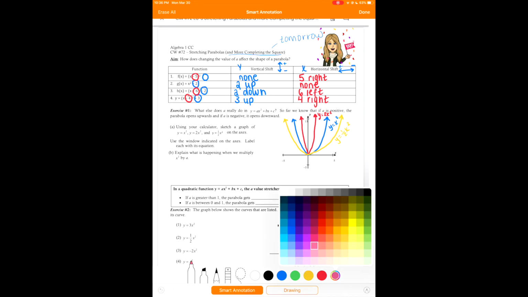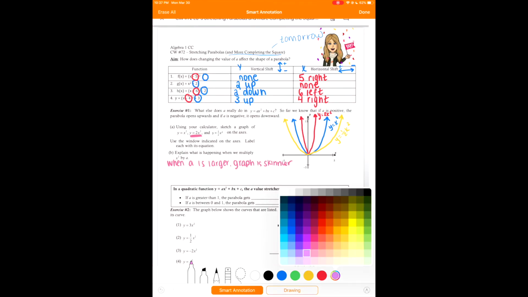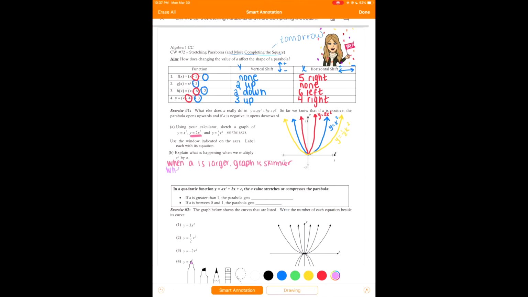So if you notice, when a is a bigger number, so when a was 2, that's my red graph, my parabola is skinnier. And then if you notice, when a is smaller, so when it was 1/2, which is the yellow graph, my parabola is wider.